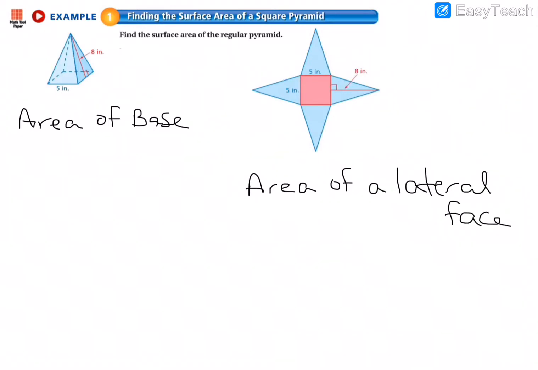Because once we find the area of one of the lateral faces, all of the other lateral faces are going to be the same. So once you find the area of one, then you determine how many there are and multiply it by that number. Okay, so let's start with the area of the base.